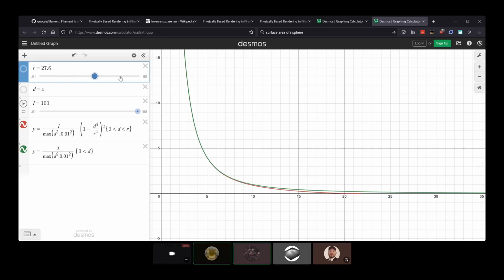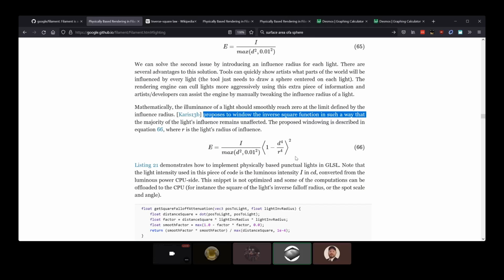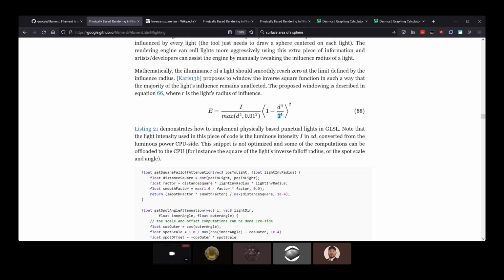But they definitely need to be correlated a bit for it to not look bad. I almost wonder if R is dependent on I, or if that's something they have to manually tweak. I don't know. I haven't read far enough yet.